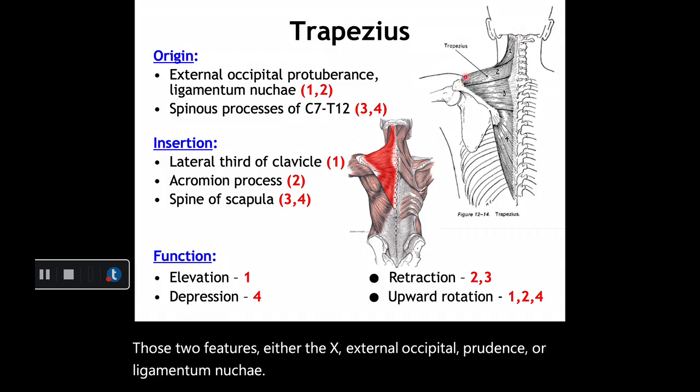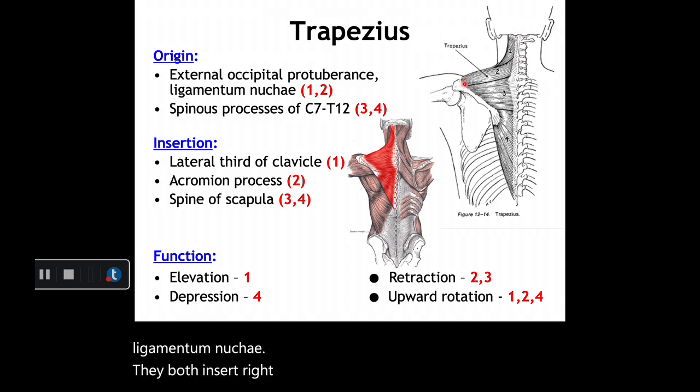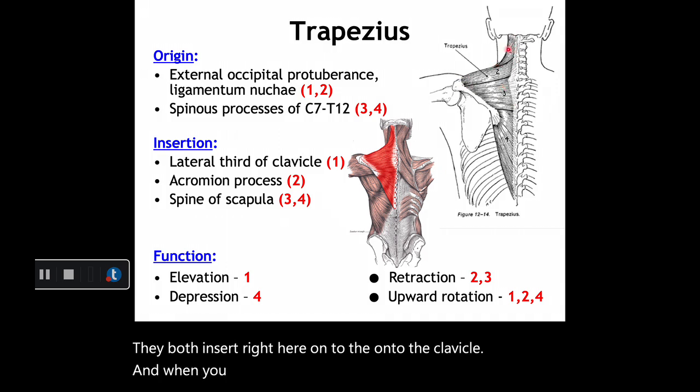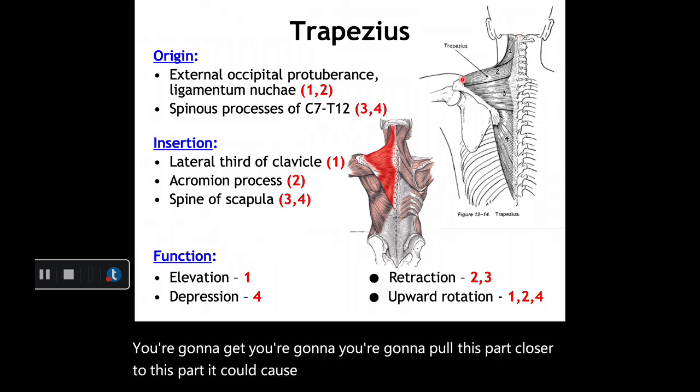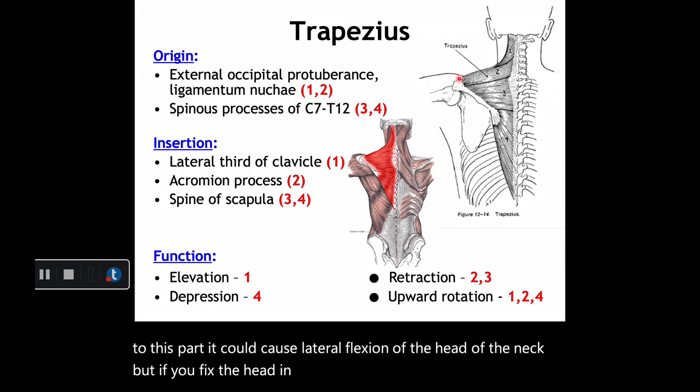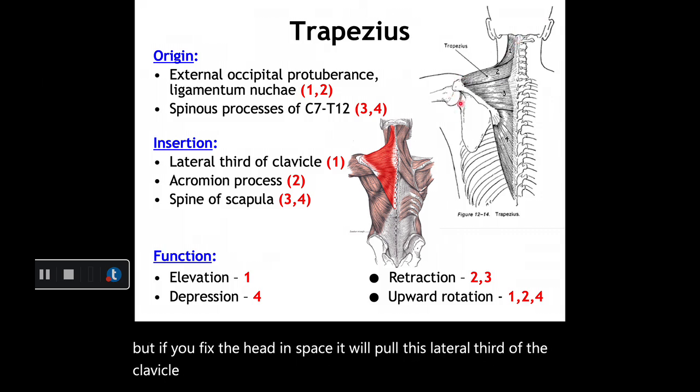They both insert right here onto the clavicle, and when you contract number 1, this belly up here, you're gonna pull this part closer to this part. It could cause lateral flexion of the head at the neck, but if you fix the head in space, it will pull this lateral third of the clavicle this way, which is going to cause the glenoid cavity right here to kind of face upward.